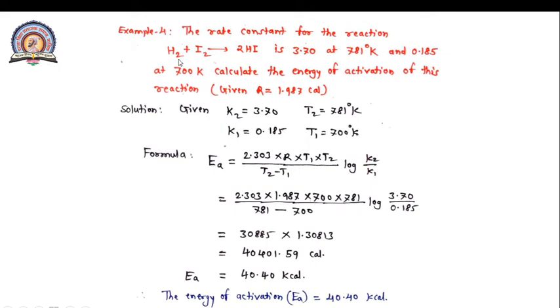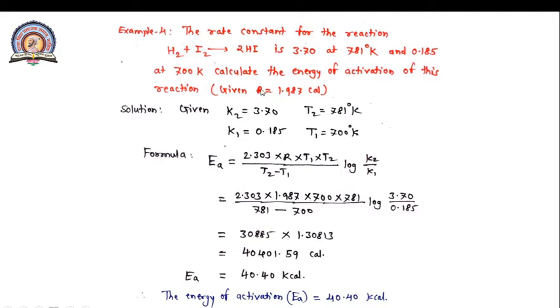Then example number 4. The rate constant for the reaction H2 plus I2 gives twice HI is 3.70 at 781 Kelvin and 0.185 at 700 Kelvin. Calculate the energy of activation of this reaction.